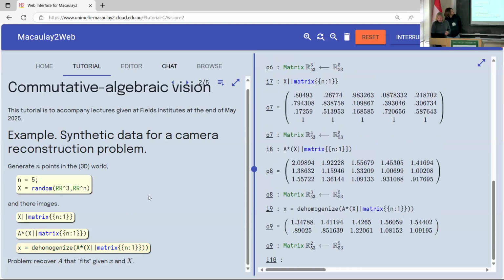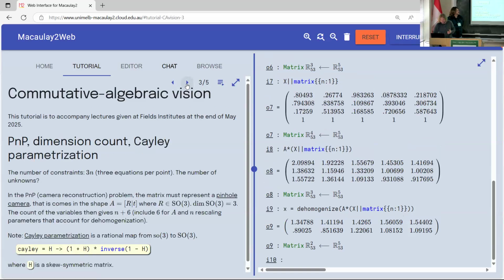I could dehomogenize them to get them back in the affine chart. And my goal is to recover A that fits the given small x, the projections onto the camera plane, and also given the big X, which are the world points.